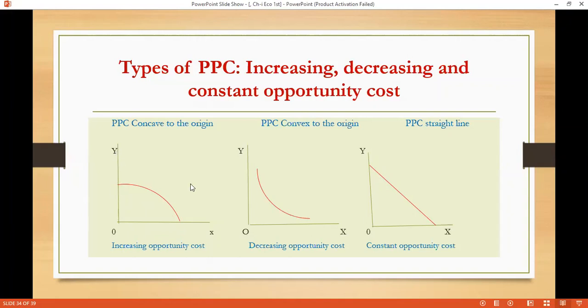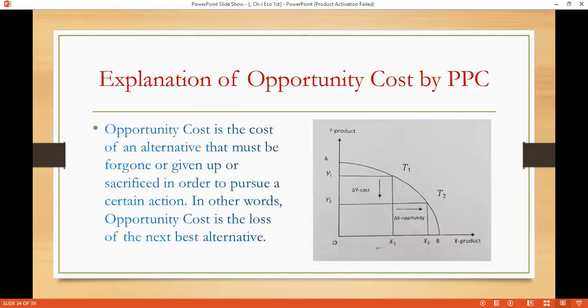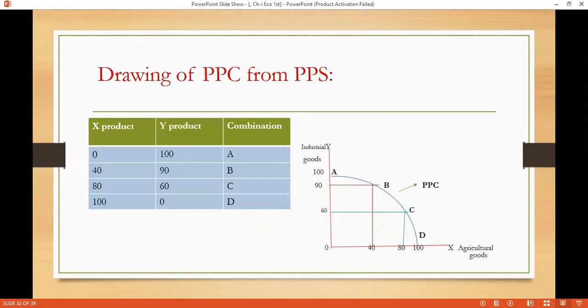Let us see it from the previous slide. Here, for increasing X product from 0 to 40, we have sacrificed Y product 10 units, from 100 to 90. Then again, for increasing X product from 40 to 80, we are sacrificing 90 to 60, that is 30 units of Y product.